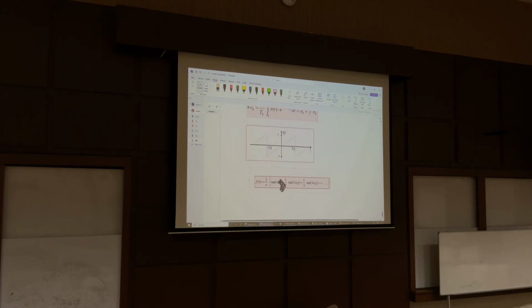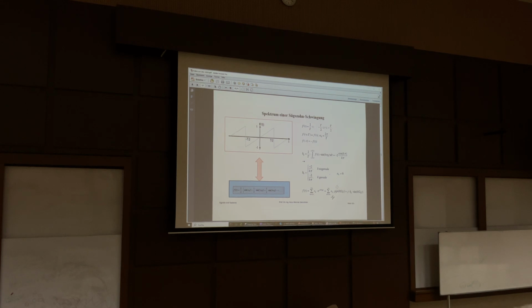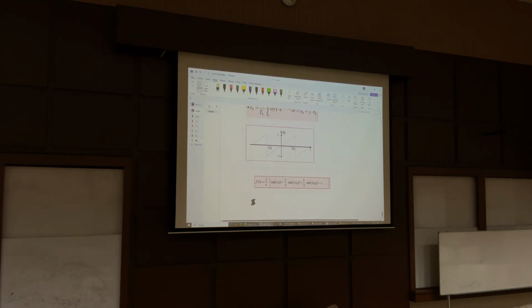You get a sinus omega 0, you get a sinus 2 omega 0, you get a sinus 3 omega 0, and you also see that these amplitudes are diminishing to 0, 1 over k. Here you see these BKs. Maybe I put that also in here, but I don't want to dive into this.